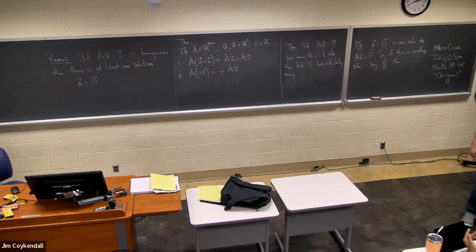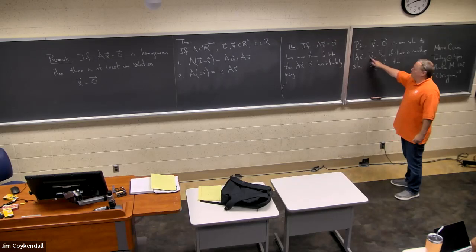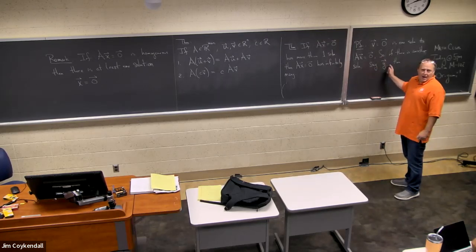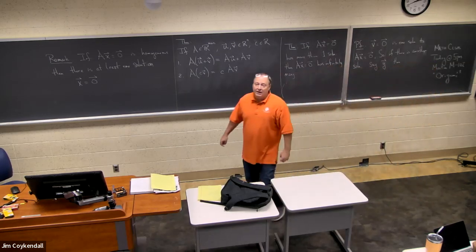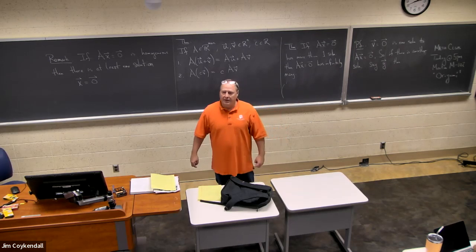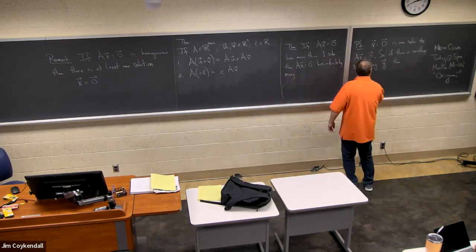Would you agree with the following statement? If there's more than one solution and one solution is the zero vector, this one is not the zero vector. And what does it mean for a vector to not be the zero vector?